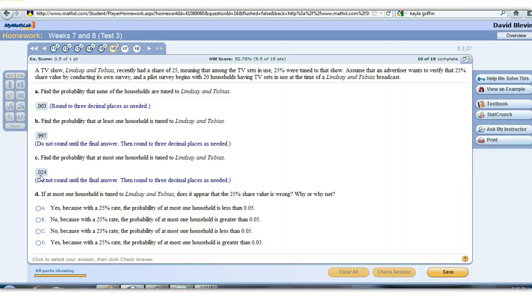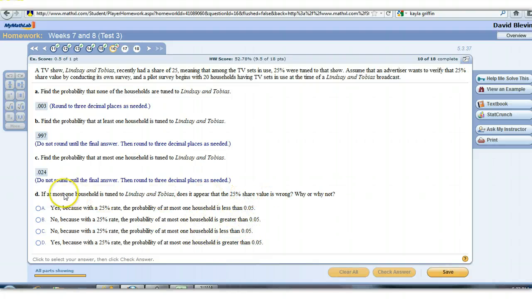So if the 25% share actually is true, then there's only a 2% chance of what we just saw happening. So we're seeing something that's extremely rare, definitely rare, compared to that 0.05.